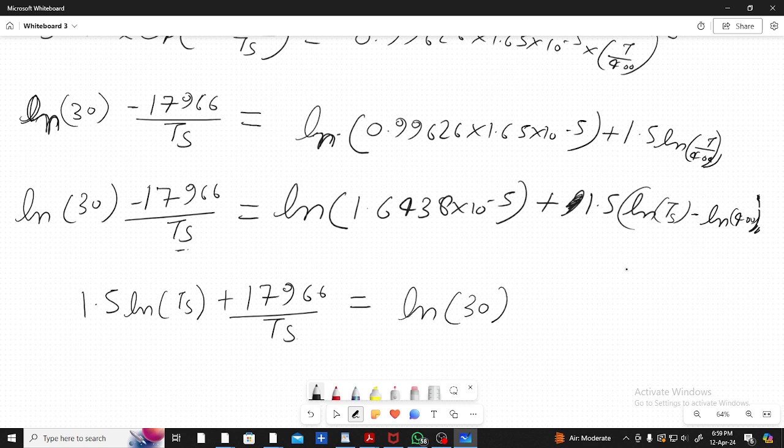30 minus ln 1.6438 into 10 to the power minus 5 plus 1.5 into ln 400.